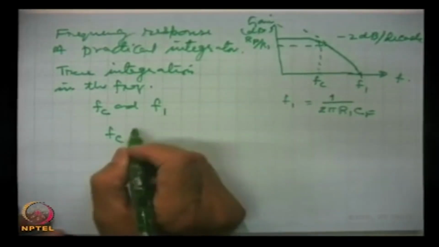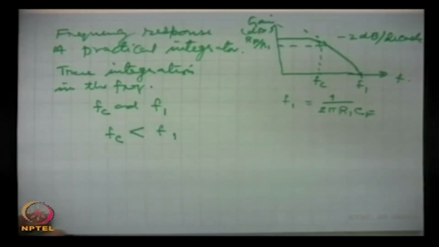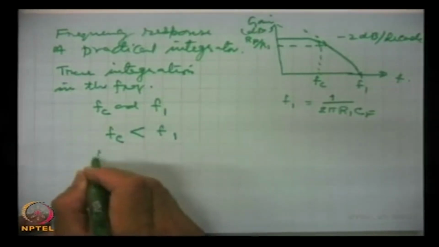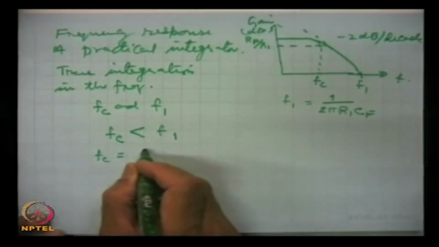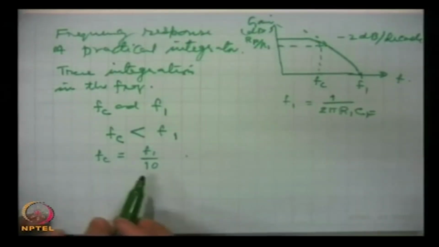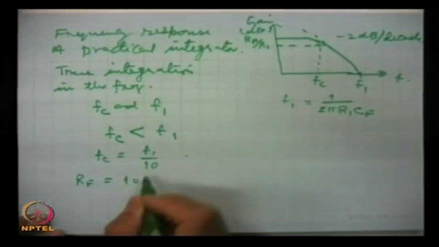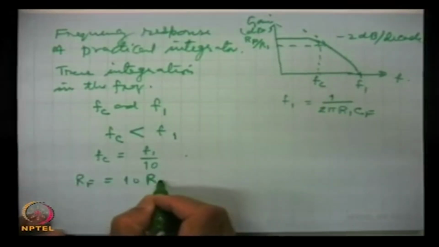Fc we choose much lower as compared to F1, and it is a thumb rule that Fc is 1/10 of F1, and in that case Rf will be 10 times of R1.